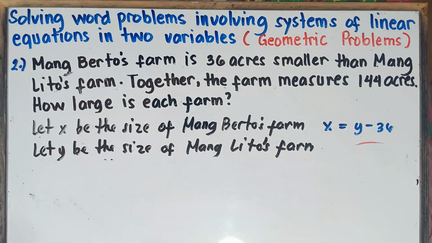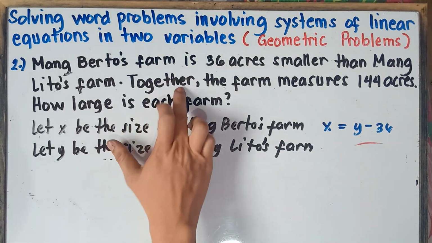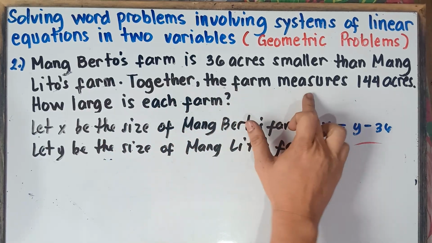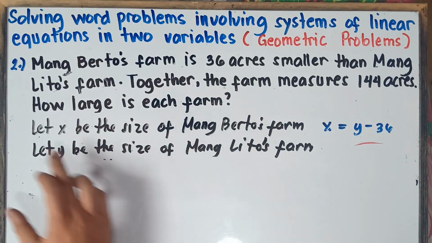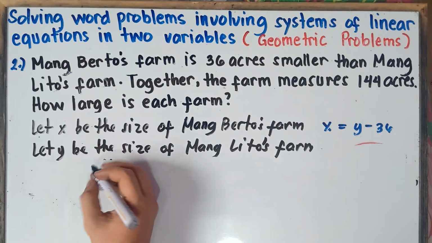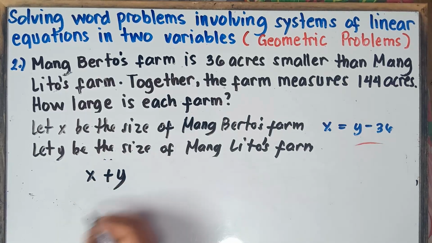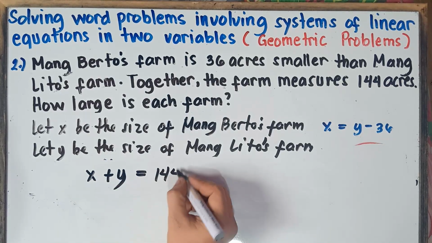Now, the second statement says, together, the farm measures 144 acres. So if you add them, X plus Y is equal to 144.